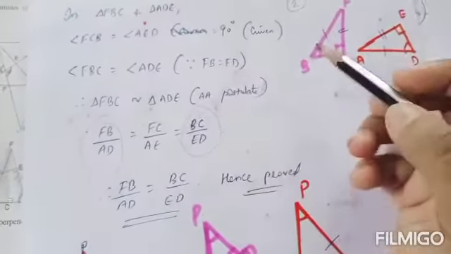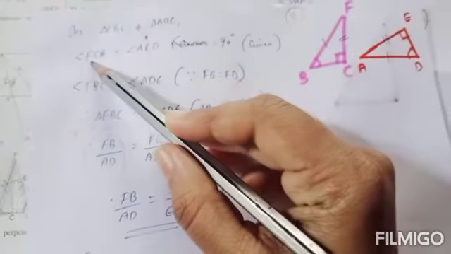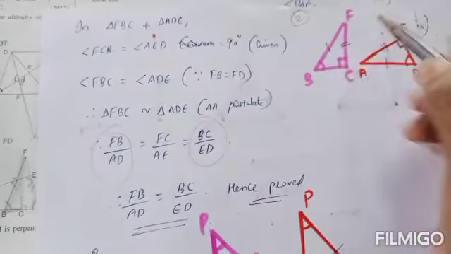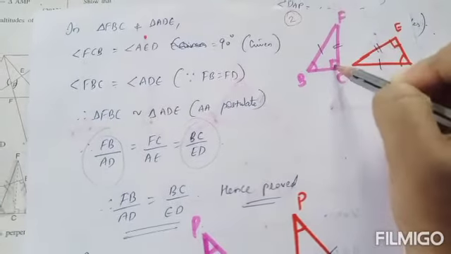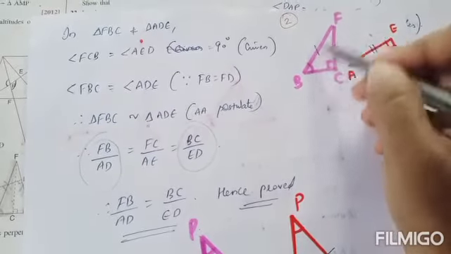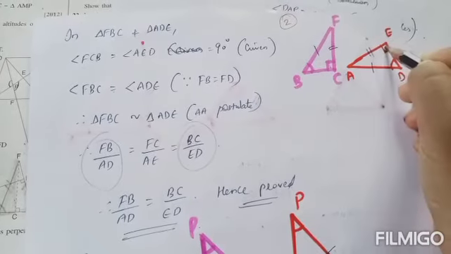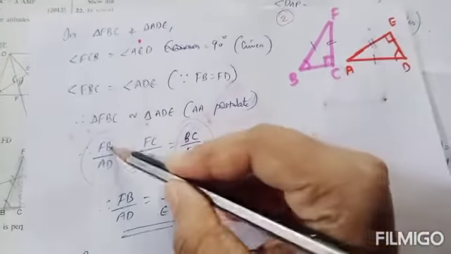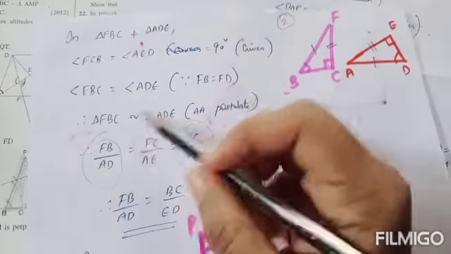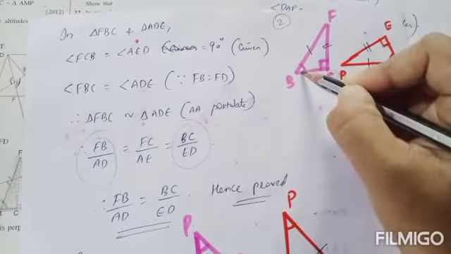Now we can take the ratio of corresponding sides. First, angle FCB and angle AED. This is angle FCB, 90 degrees, so the side opposite to it is FB. Now in AED, this is angle AED, the side opposite to it is AD. So FB by AD equal to, next, angle FBC and angle ADE.